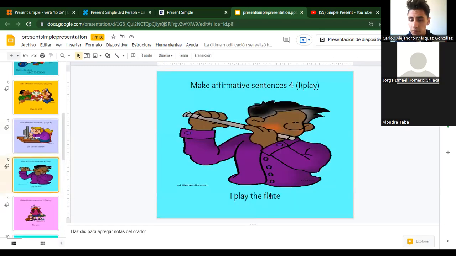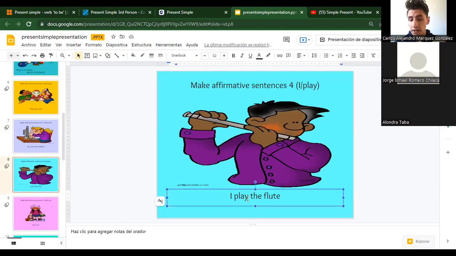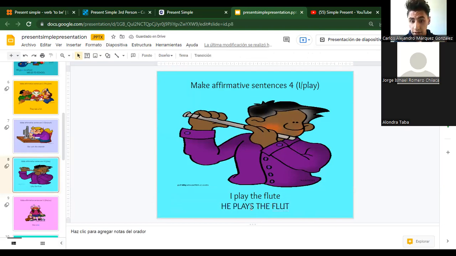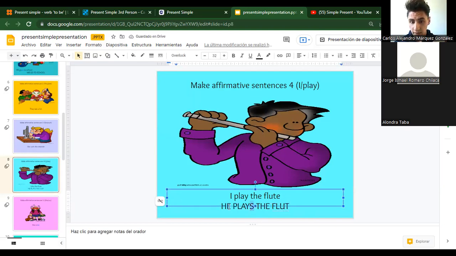I play the flute. I don't add a letter S, okay? But if I say he plays the flute, in this case I add a letter S, because it depends on our subject pronoun, okay?